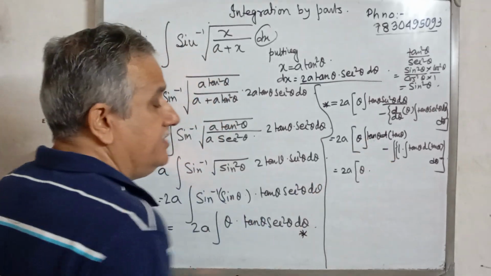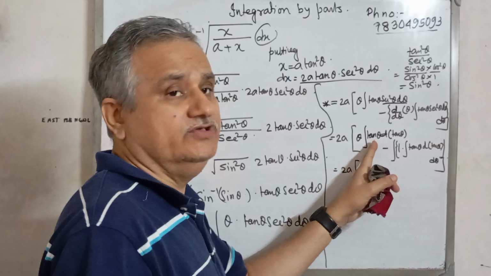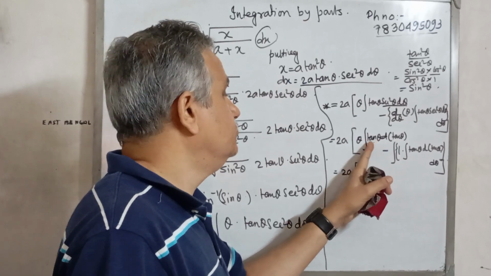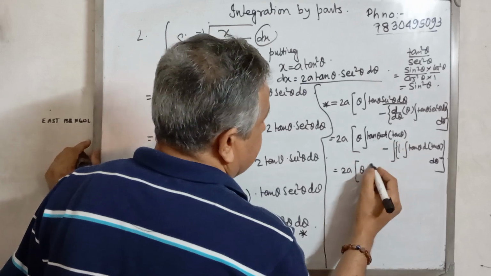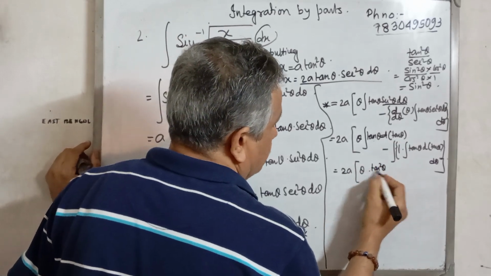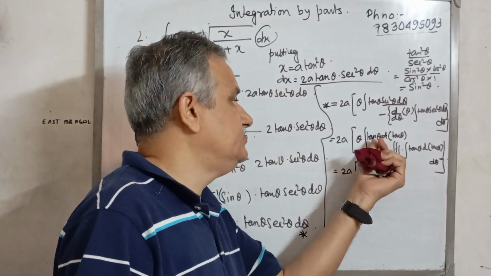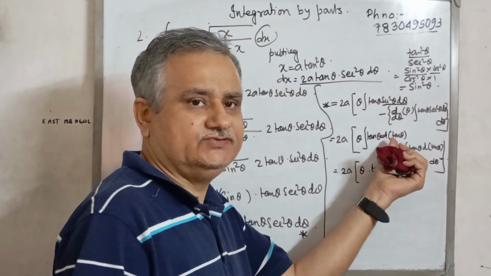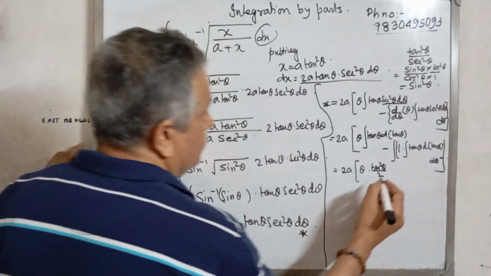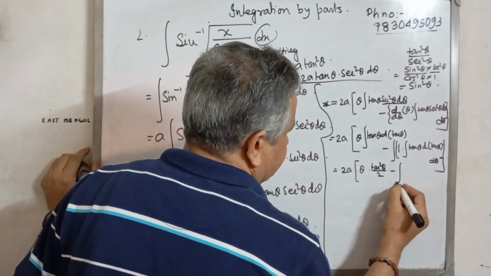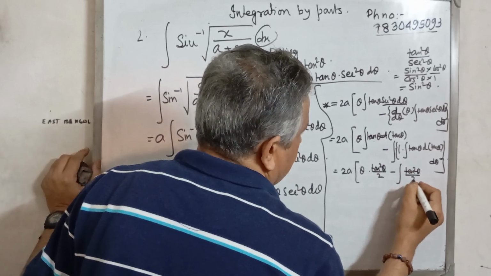If we consider tan theta as x, so x dx, that is x square by 2. So that integration is tan square theta by 2. Okay? So it is tan square theta by 2 minus tan square theta by 2 d theta.